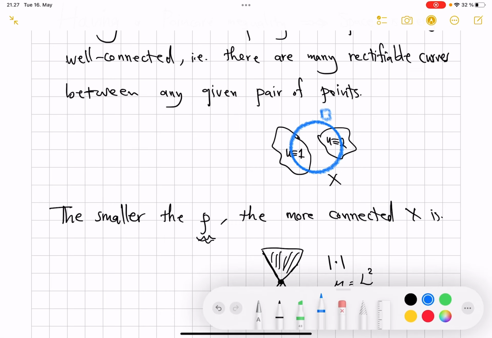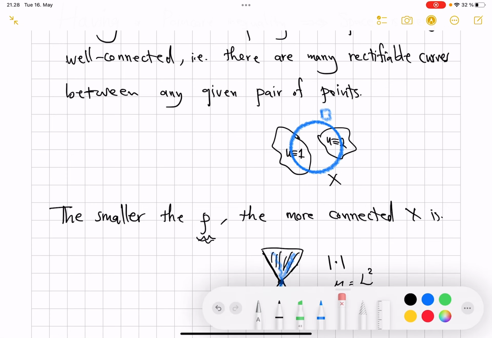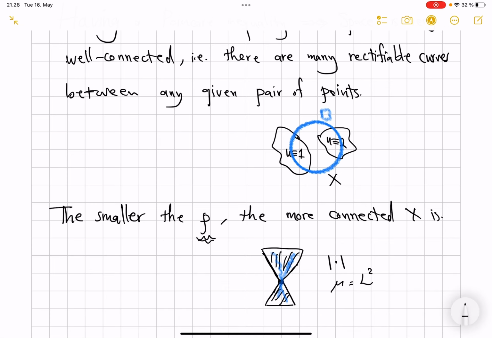Because of this curves collapsing, so basically all the rectifiable curves that go between these two parts have to all boil down and go through this bottleneck. And exactly because of that, it turns out that there is no Poincare inequality for p less than or equal to 2, although we do have p Poincare if p is strictly bigger than 2.